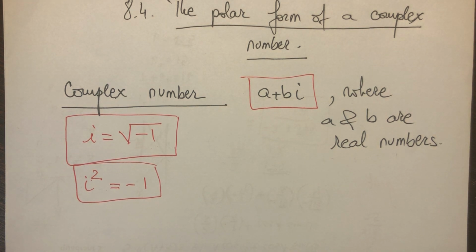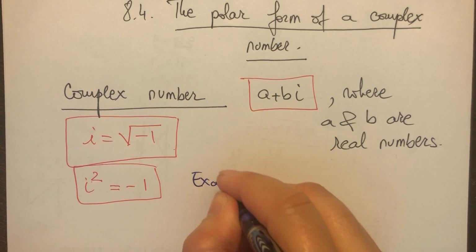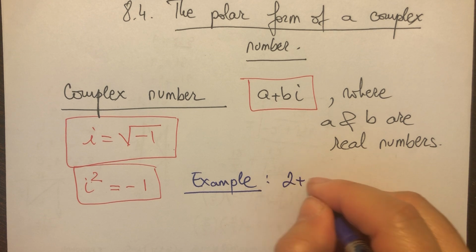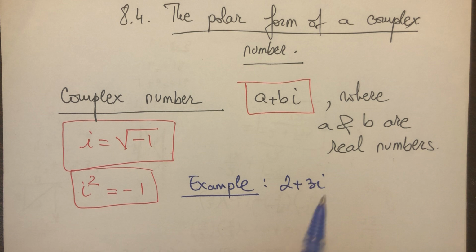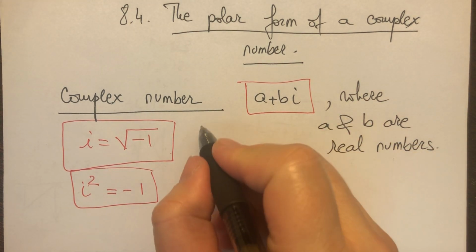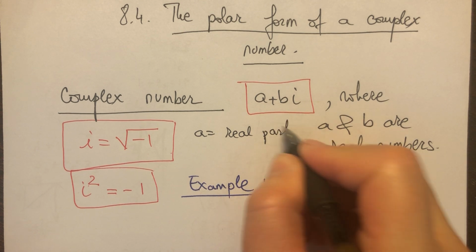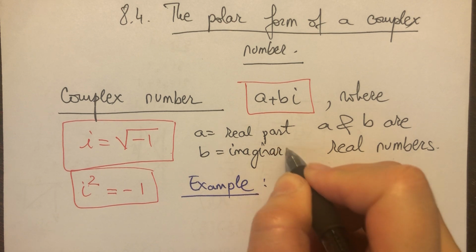As examples of complex numbers, I'm just going to give you a few, reviewing a little bit. 2 plus 3i is a complex number. We also talked about what we call the real part and the imaginary part of a complex number. a is called the real part, and b is called the imaginary part.